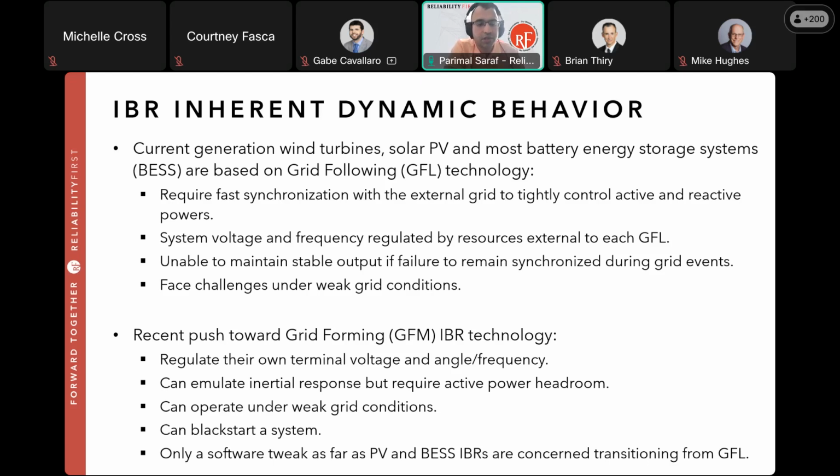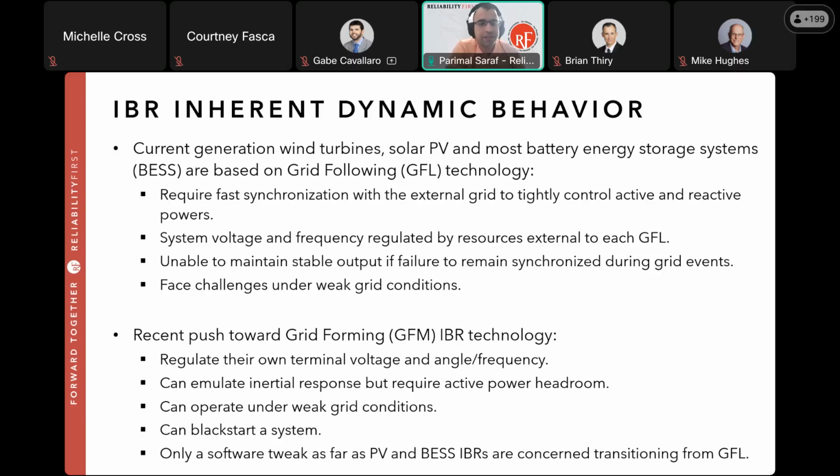They can operate under weak grid conditions, and they don't fall short under weak grid conditions like grid following inverters. They have the capability to black start a system, which is not the case with grid following technology. And as far as transitioning from grid following to grid forming is concerned, it is only a software tweak as far as PV and battery IBRs are concerned.